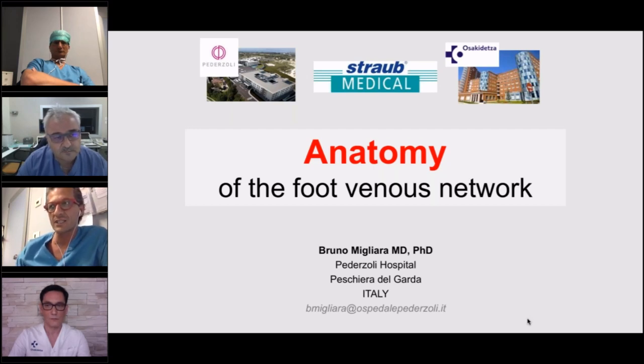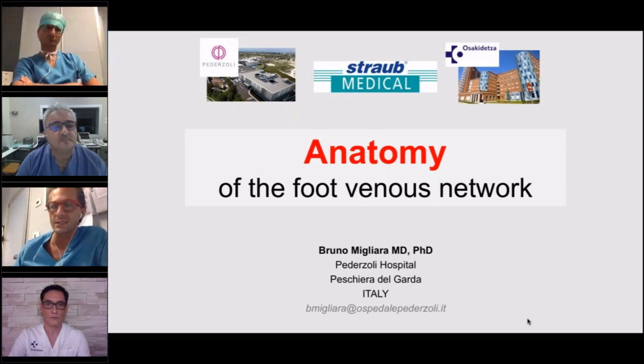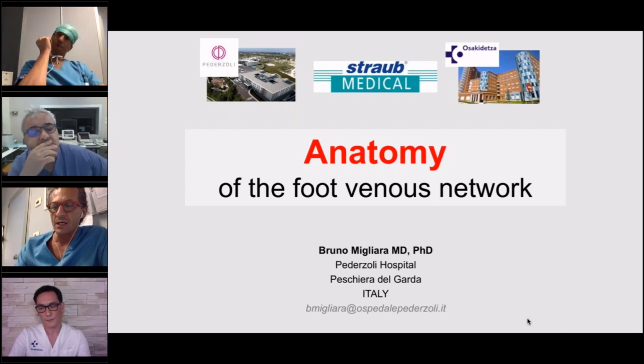Now, during the first section of this webinar, we tried to introduce the most important anatomical and physiological key points that need to be kept in mind during the AV reversal flow procedure.